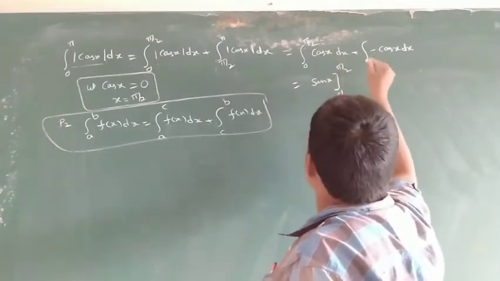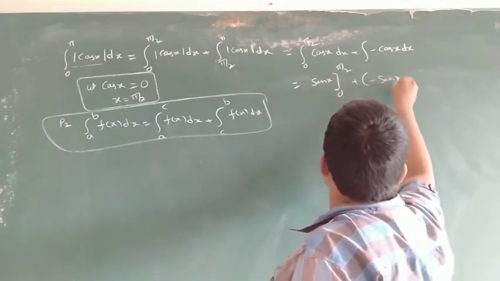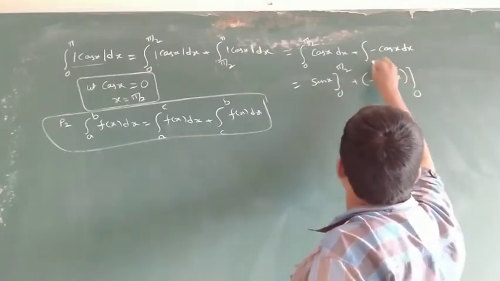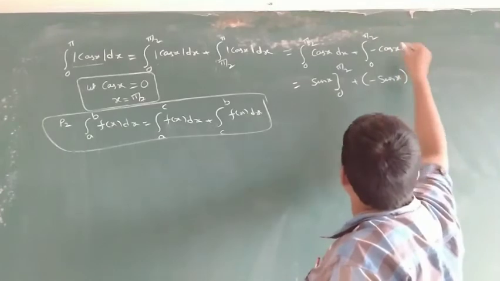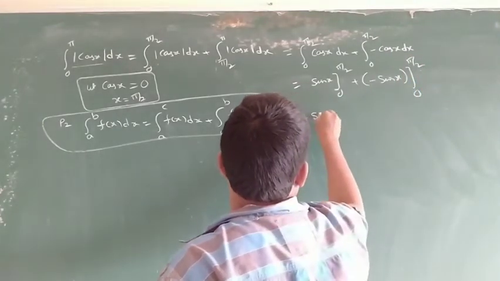plus minus sin x, the integral of cos x, from pi by 2 to pi.